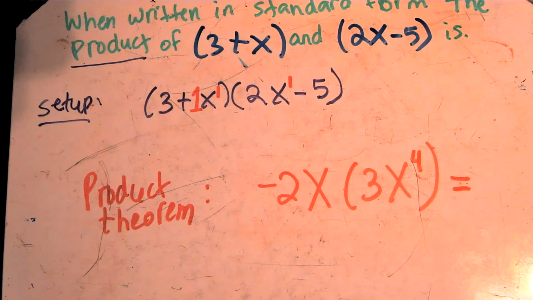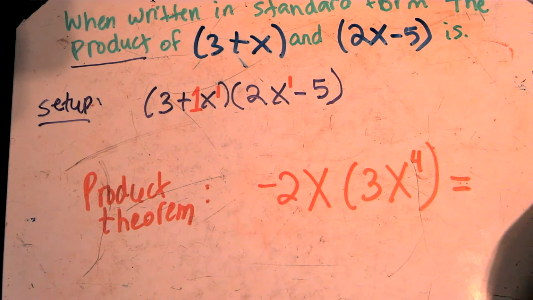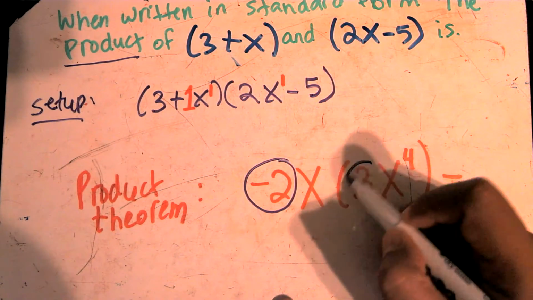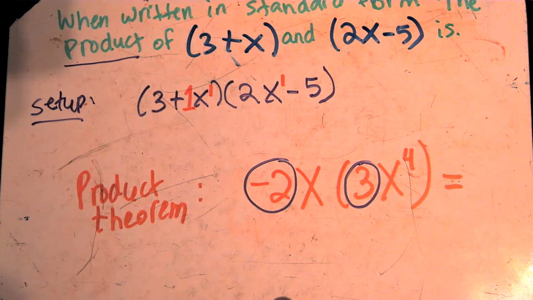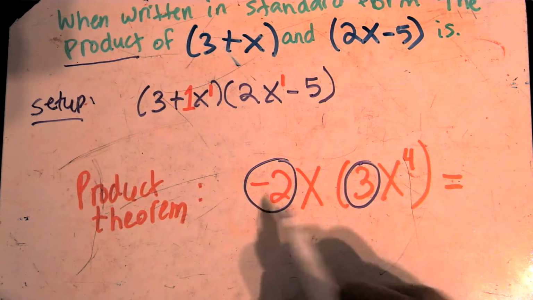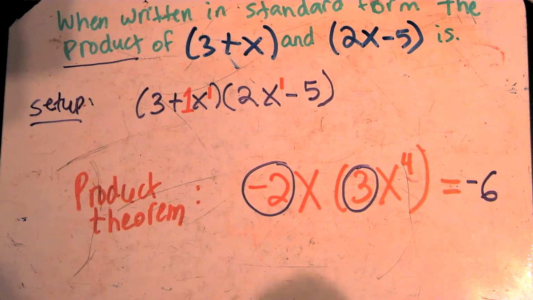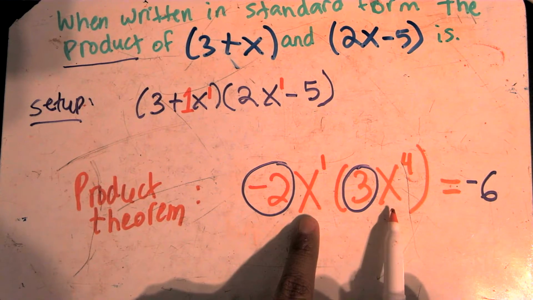So when we multiply two terms, we do multiply the coefficients, the number in front. Negative 2 times 3 is negative 6. And then we add the exponents, assuming they have the same base.